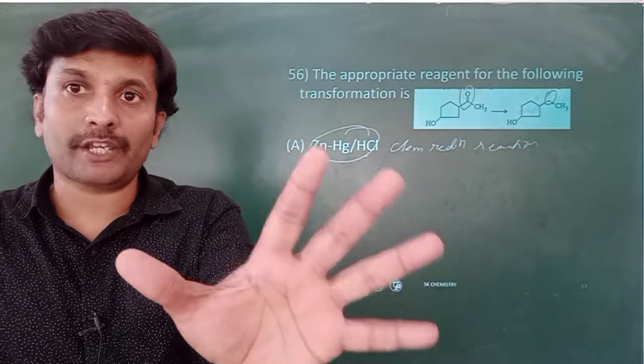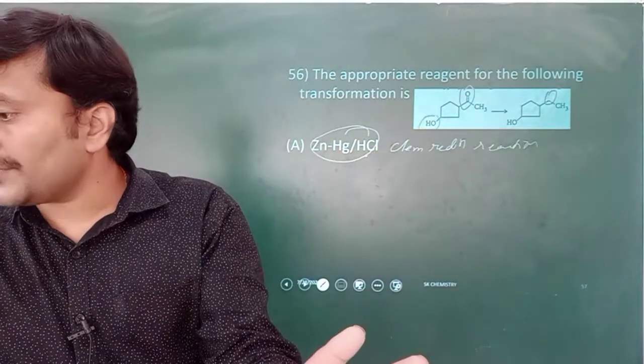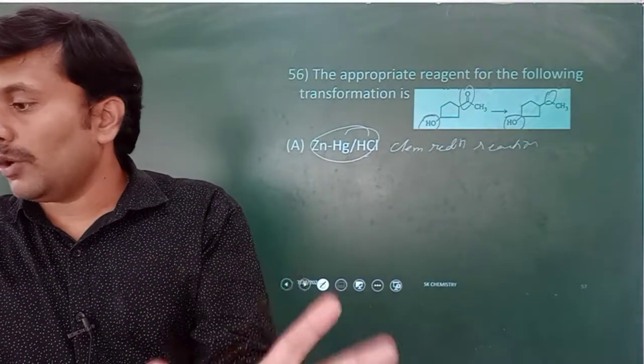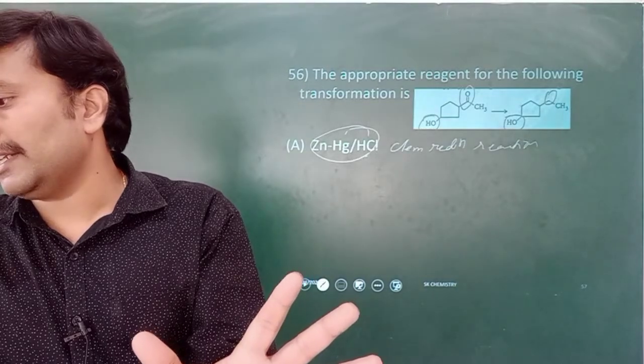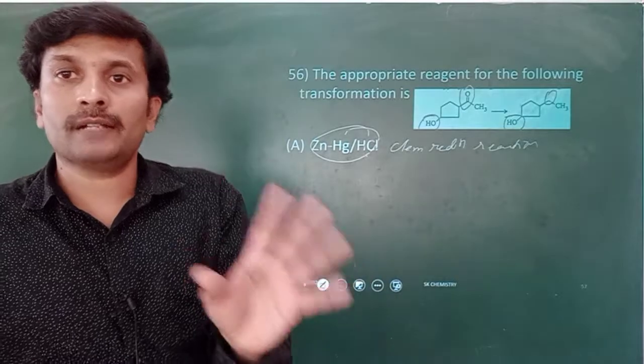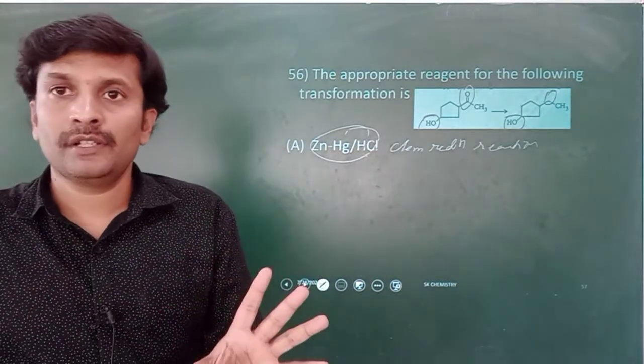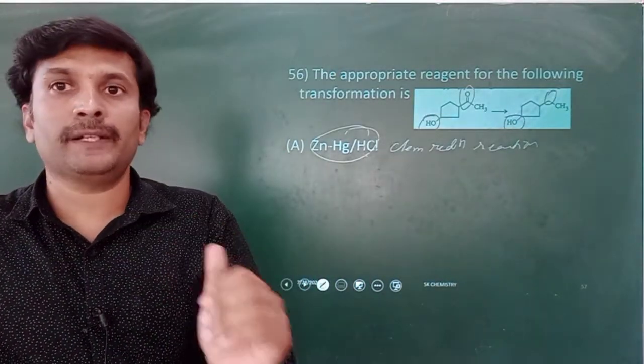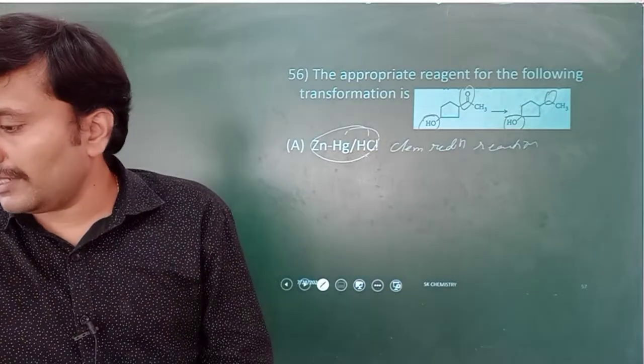Yes, it's working out, but the OH group will get changed. Due to zinc amalgam and HCl, the OH will be replaced by chlorine. So we cannot use the Clemmensen reduction reagents, because if OH is there, it will be replaced by chlorine. So we cannot do it.